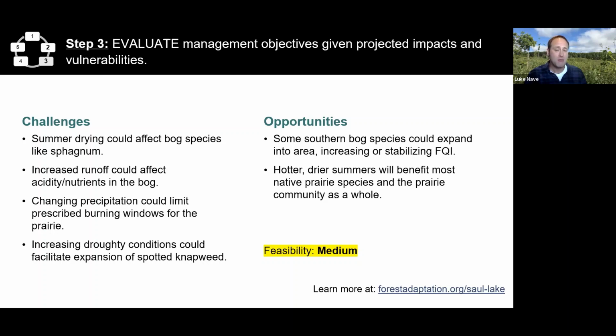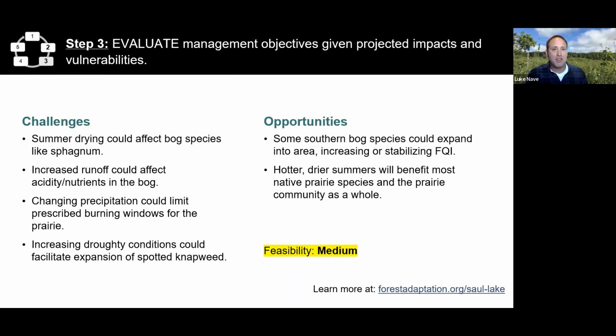Bogs, as a post-glacial relic, are at the southern end of their distribution in southwest lower Michigan, but there are plenty of acid wetlands to the south throughout the country that could provide germplasm and species that might be happy to move north with a warming climate.